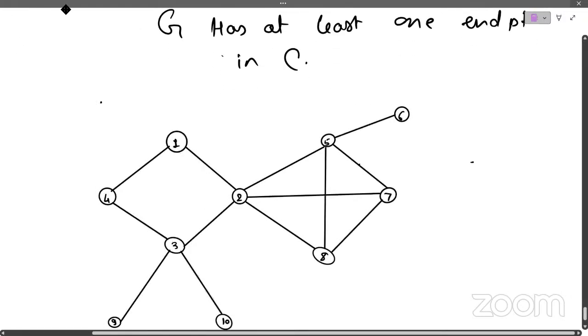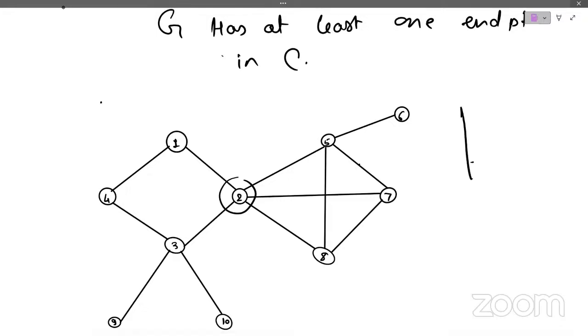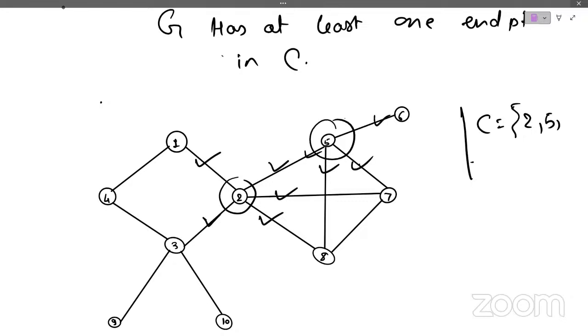In our graph, if I select this 2 in my vertex cover, suppose this is my C, then these 5 edges have an endpoint which is 2. So all these 5 edges have been covered using the single vertex 2. Now if I select 5, then these 3 edges will be covered by 5.